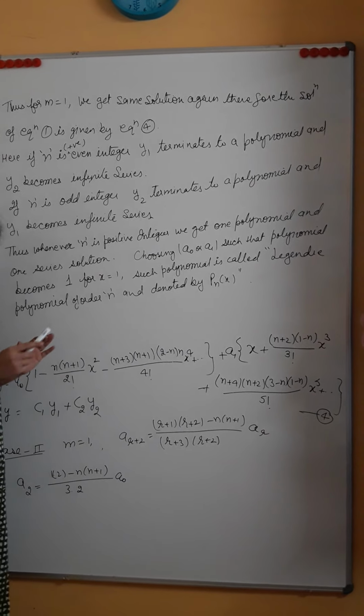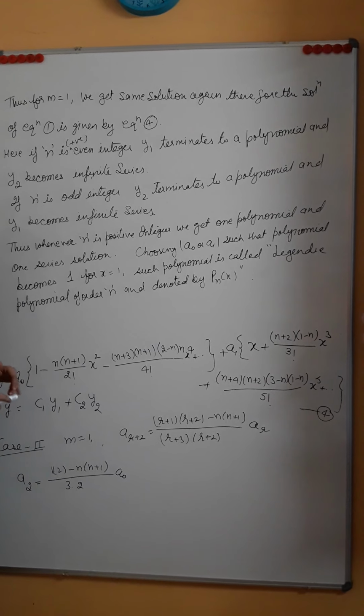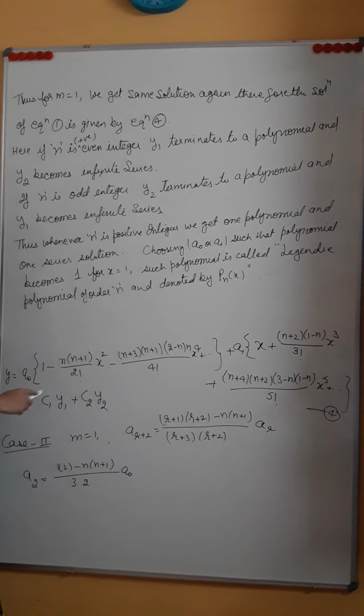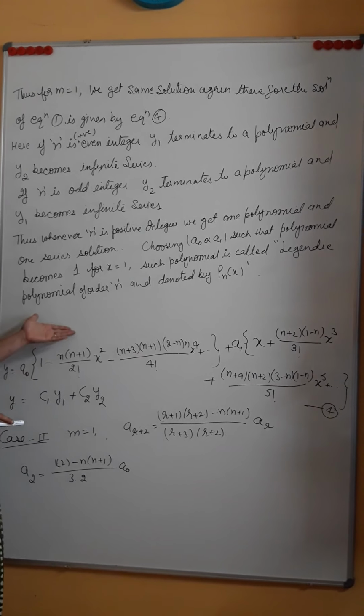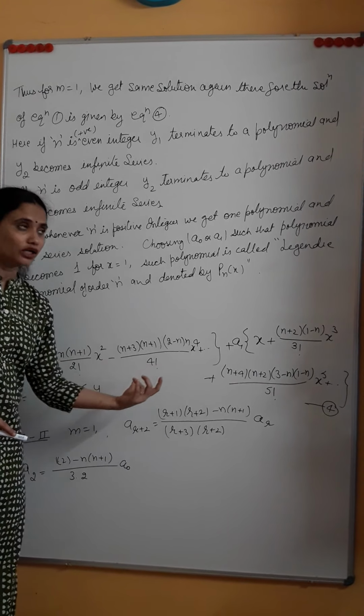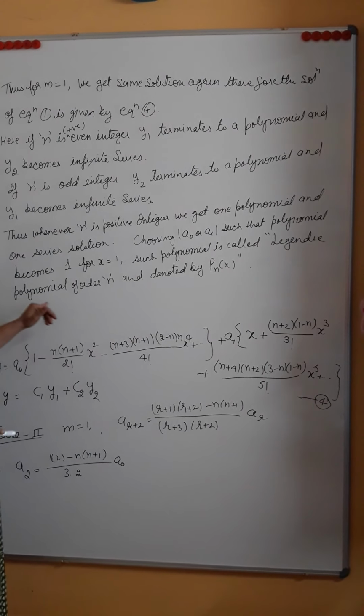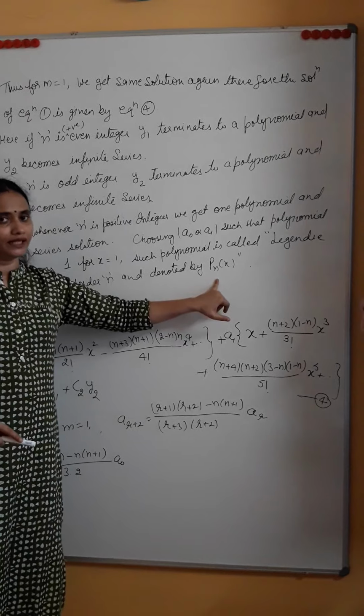That depends on the particular question. If we are able to find such an a0 or a1 so that for x equal to 1 the polynomial becomes 1, then such polynomials are called Legendre polynomials, and denoted by P_n(x).